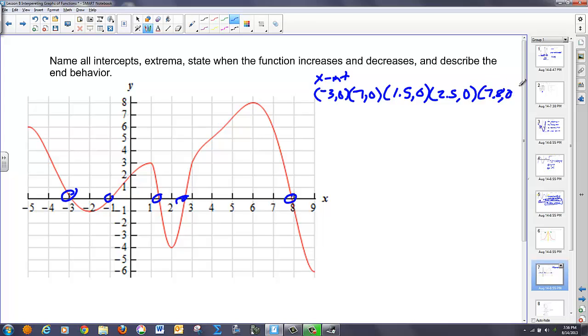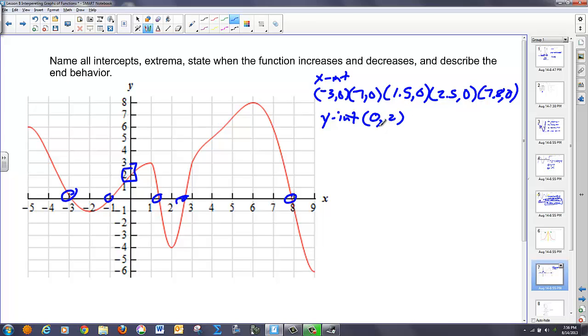It's not an exact science sometimes. Y-intercept. Where does this thing hit the y-axis? Well, that hits the y-axis at this point right here, roughly (0, 2).